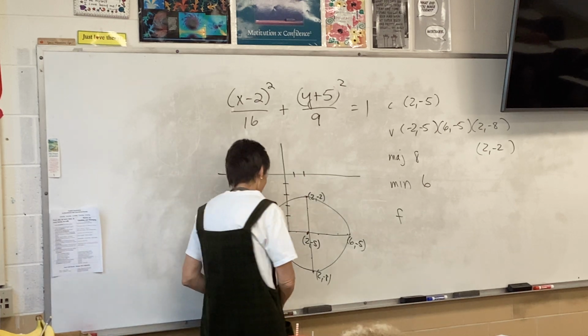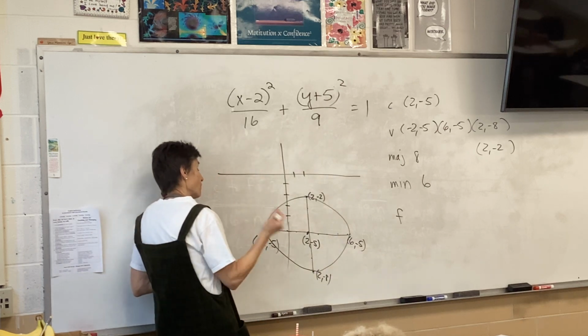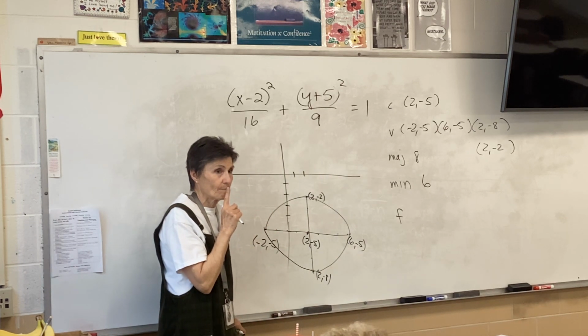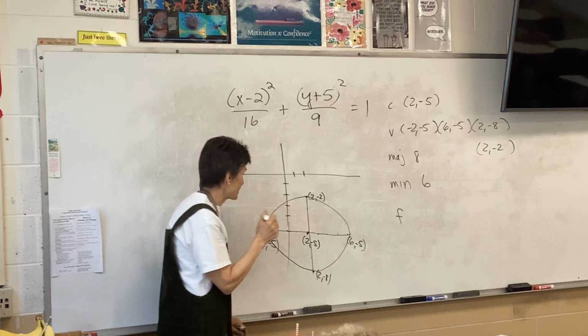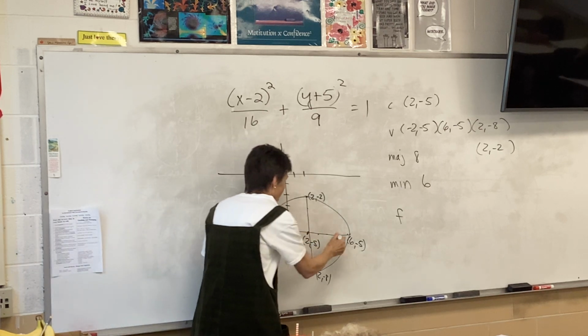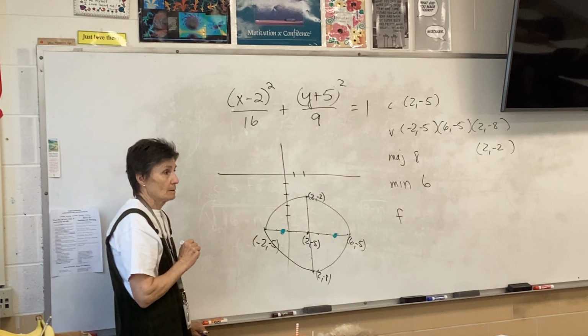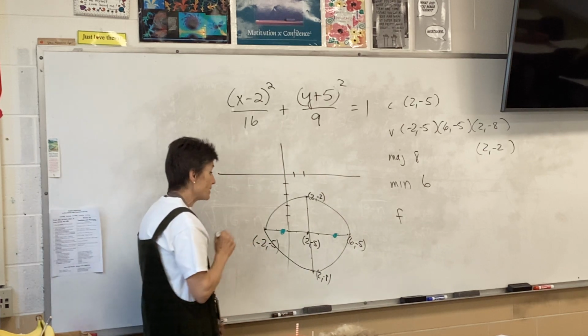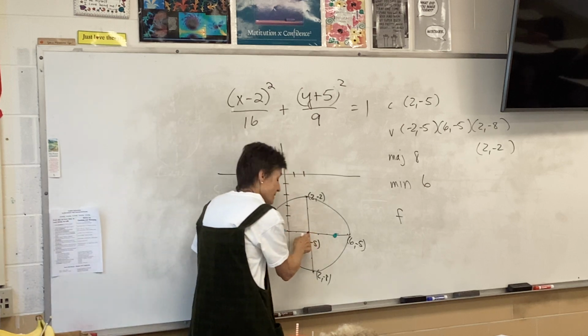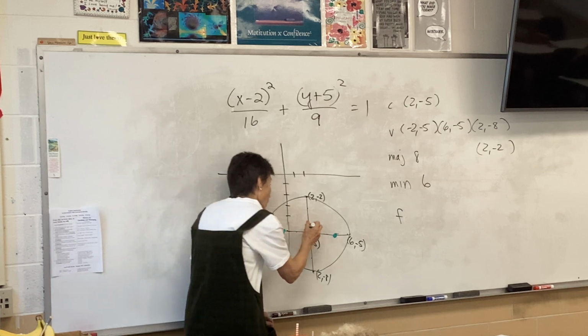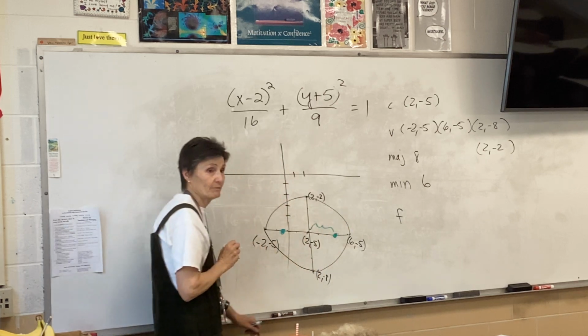Now, what about the foci? Well, the first thing is, where are they always located? Major axis. So, somewhere here are the foci. Here's the center, we know we're going to go right and left. We need to know how far to go right and left.